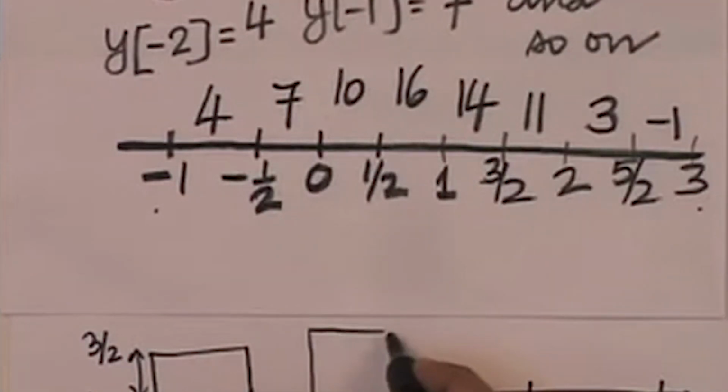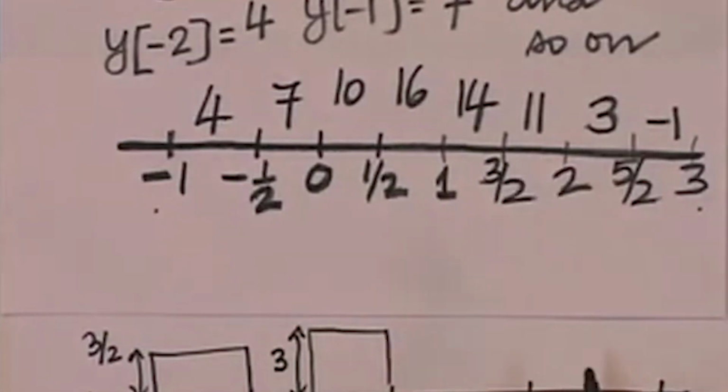Of course, I am not drawing this to scale, I am just drawing it to be indicative. This height would be 3. Here between 1 and 2, you would have (14 - 11)/2, that is 3/2, but with a positive sign. So, you would have a multiple of psi t placed in this unit interval with a height of 3/2.